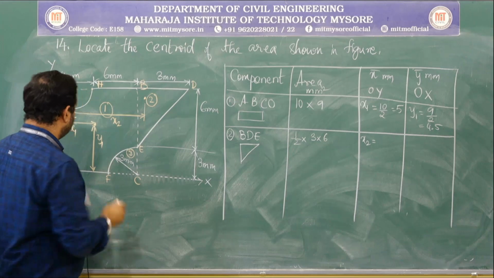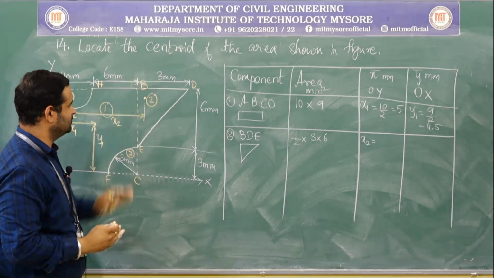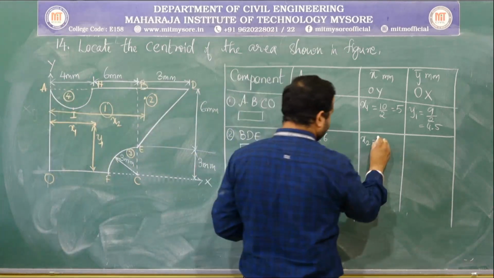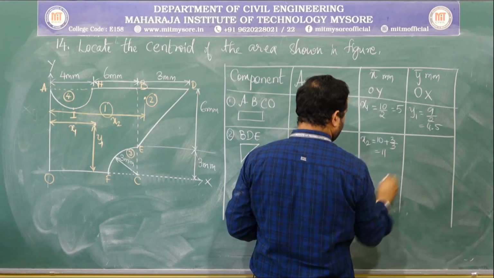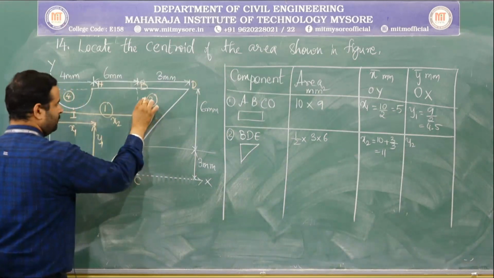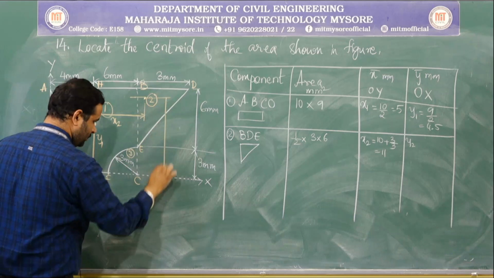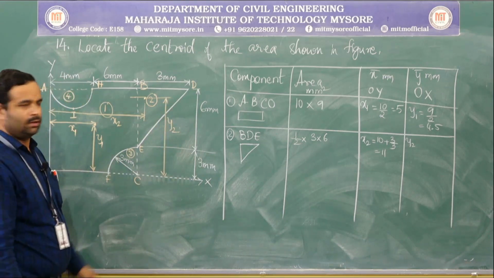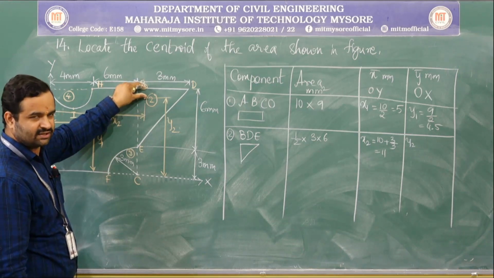So, that will be equal to 4 plus 6, 10, 10 plus 3 by 3 mm. y2 is equal to, for the same point, measure it with respect to OX axis. This will be y2.